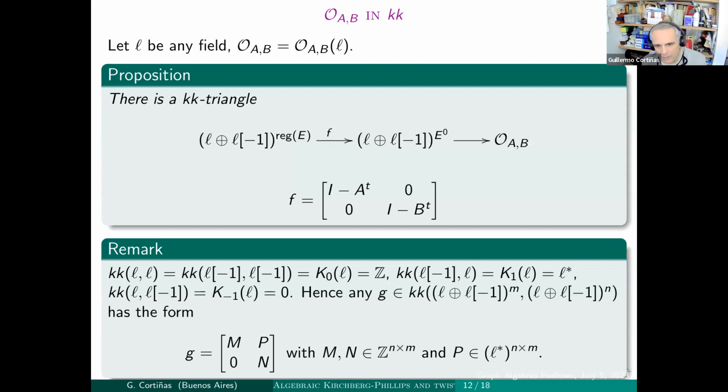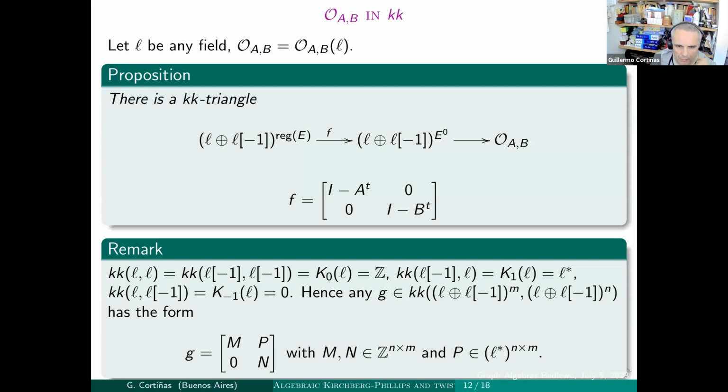Hence, if you have any kk class, so any homomorphism in the algebraic kk category between L plus L minus 1 to the m and L plus L minus 1 to the n, it must have an upper triangular form like that, where m and n are matrices with integer coefficients, and P is a matrix with coefficients in L star.